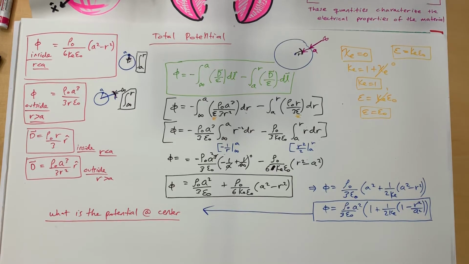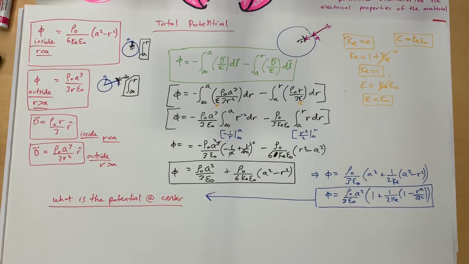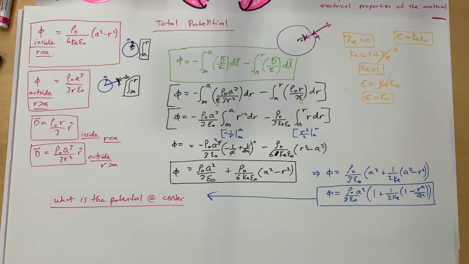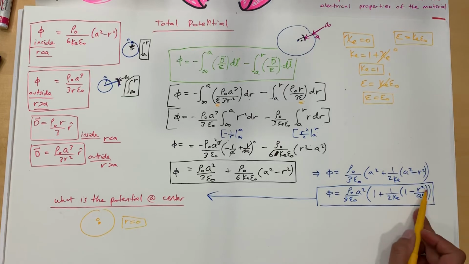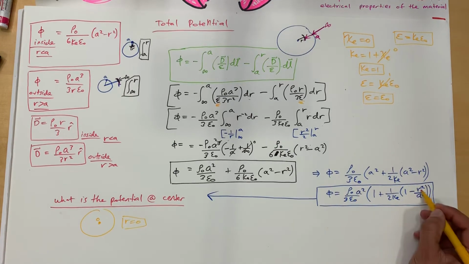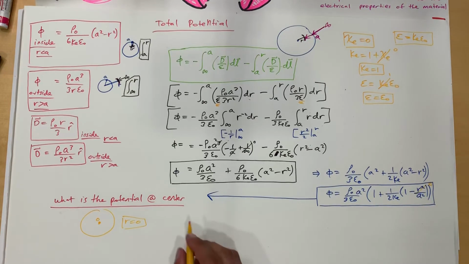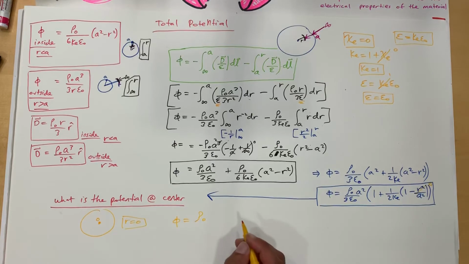The potential at the center. Okay, and so now the final part: the potential at the center means that at the center of the sphere, r is equal to 0. So all we have to do in this expression is make r equal to 0, and everything else will be what we have for our potential at the center.